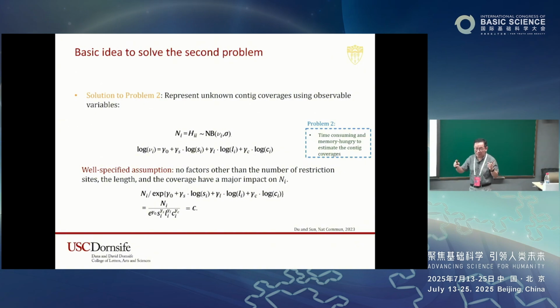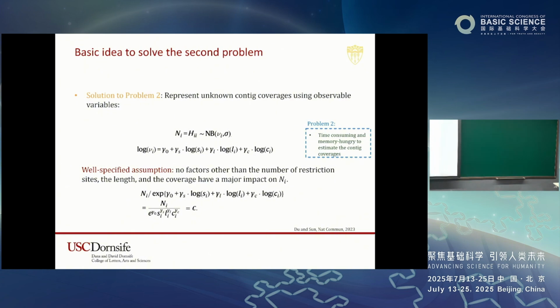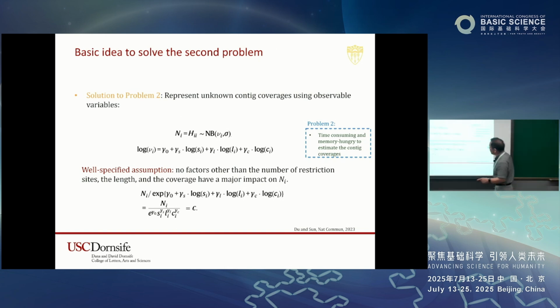Here we look at the number of Hi-C reads that map to the same contig. Remember, here we have very long contigs, and a lot of Hi-C reads are mapped to the same contig. Again we model it by the negative binomial distribution.